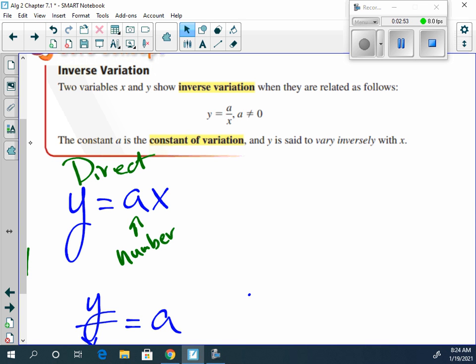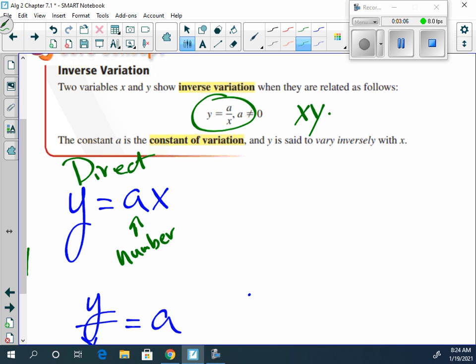Now, we can do the same thing that we did with x, how we had x and y on the same side. And for this here, instead of dividing both sides by x, we can multiply both sides by x. And if we do that, we get xy is equal to a. I'm just getting x and y on the same side.